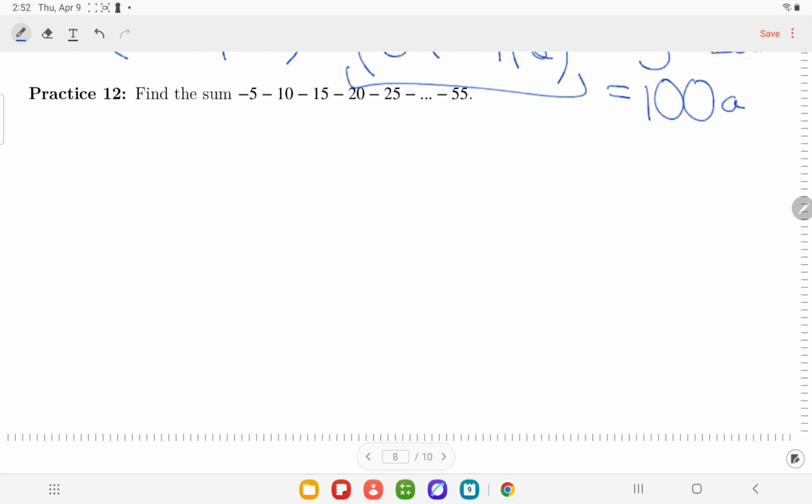And here we would do the same thing. We would have -5 minus 55, the first and the last. And then we see that these are decreasing by 5, and then these ones are increasing by 5.